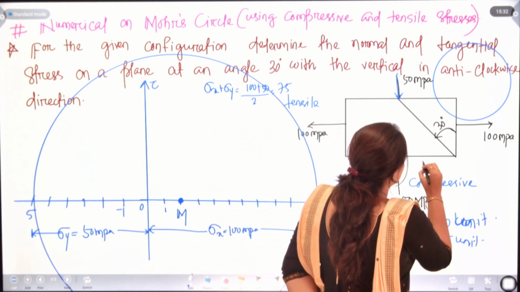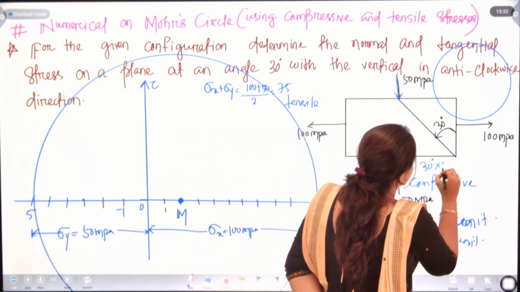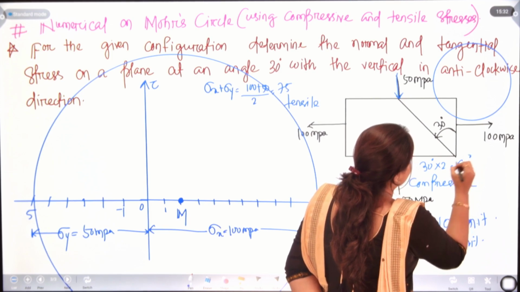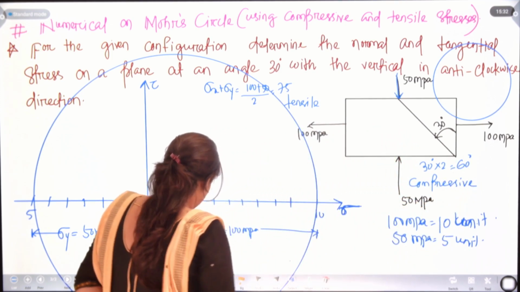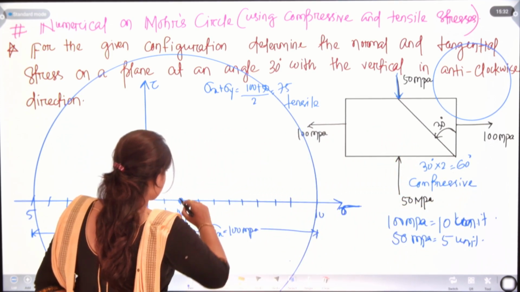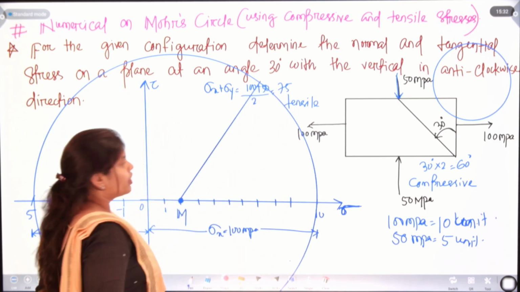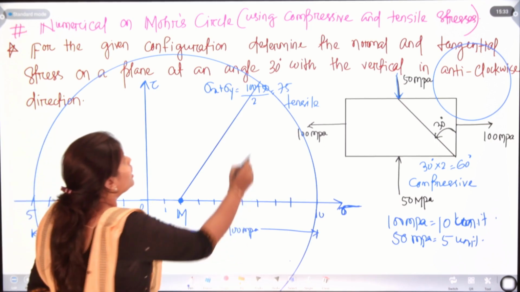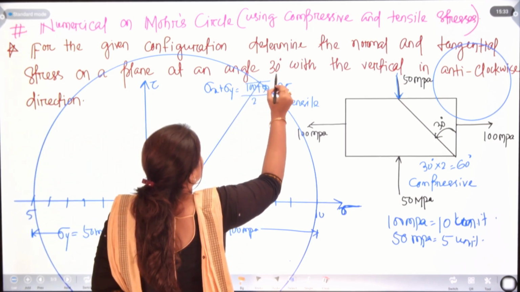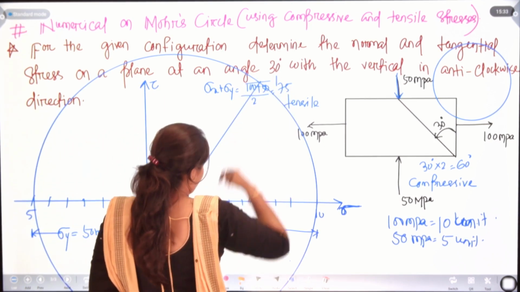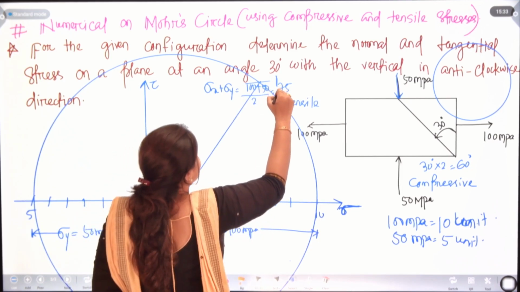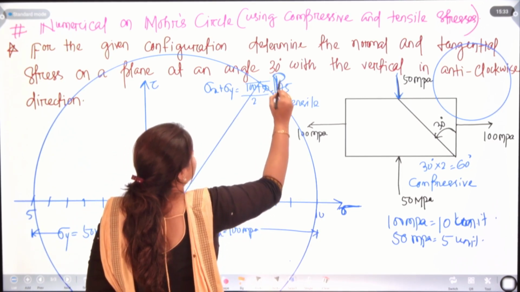In case of Mohr circle, we take that as 30 degrees into 2, that will be 60 degrees. So first we will draw the axis up to here and take this point as P.